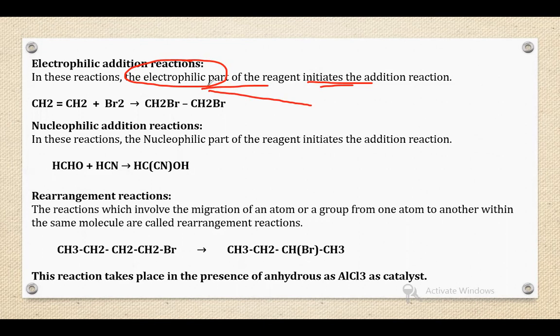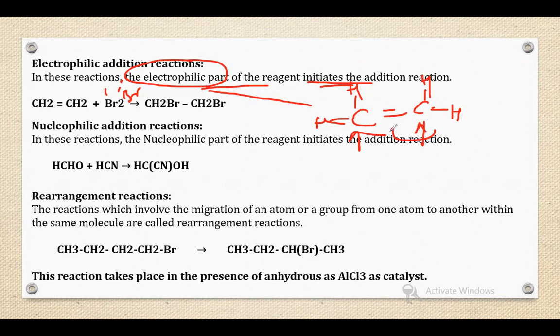This will be responsible for the addition reaction. So here Br minus and Br minus there. Carbon and carbon have a double bond between them, with hydrogen and hydrogen here, and hydrogen and hydrogen there. So Br will add to this one and Br to this one, Br and Br radical will be added.